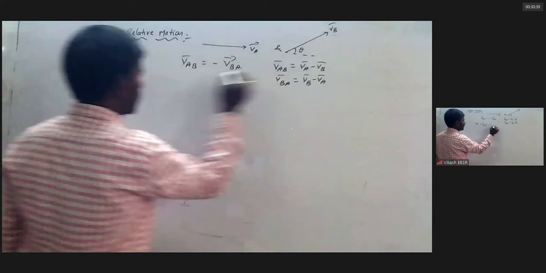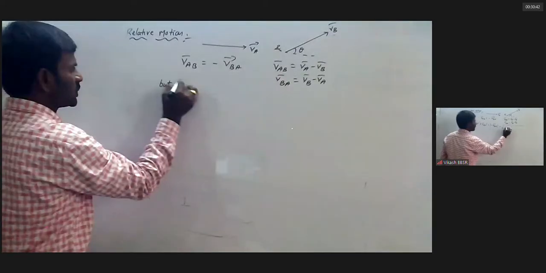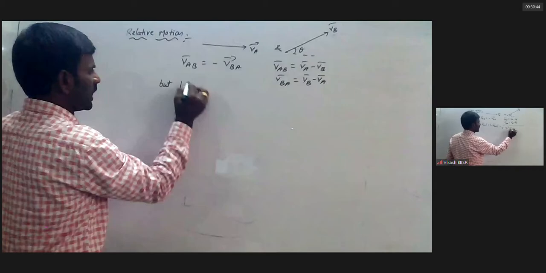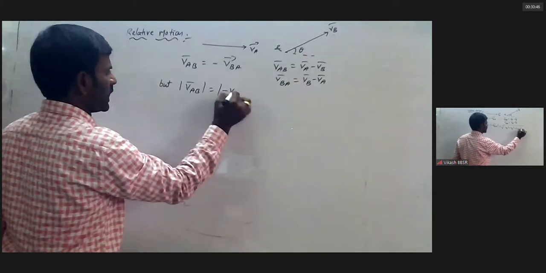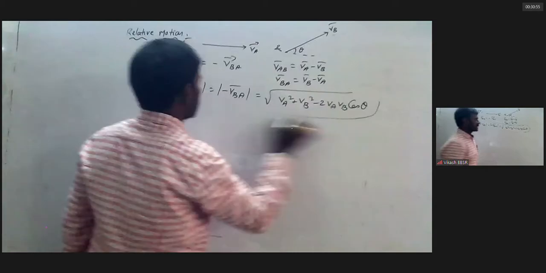What is that? Root over V A square plus V B square minus 2 V A V B cos theta. Parallelogram law only we are using, but we go with this formula. Sir, we want derivation? You don't require it, but you see.